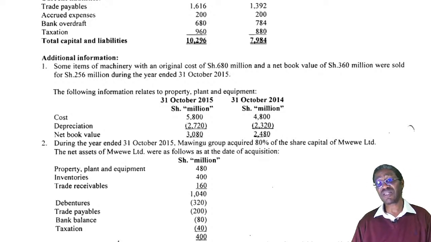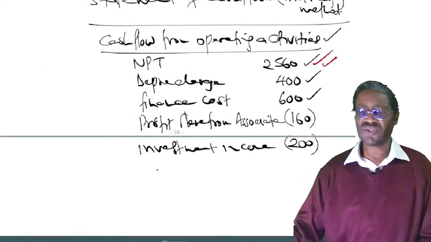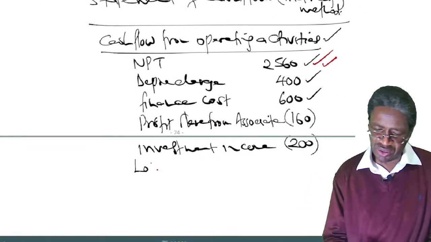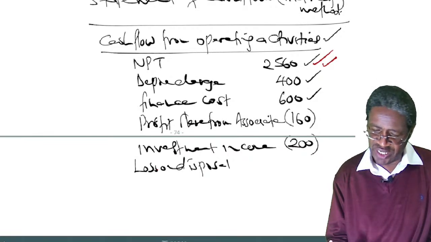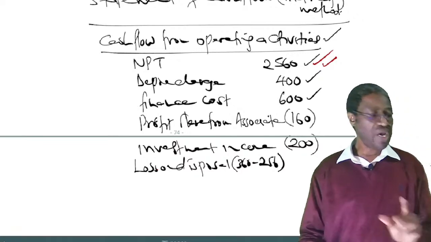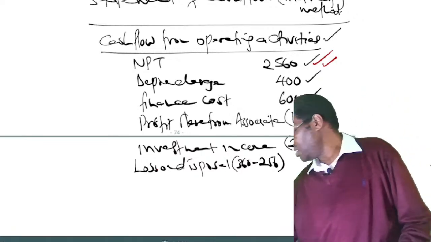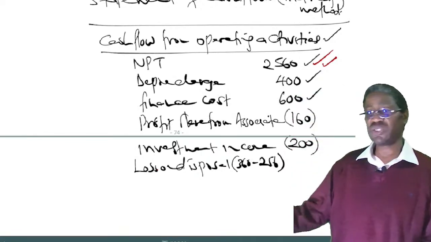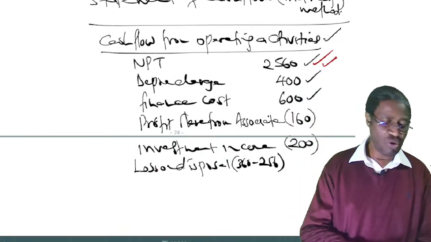So we take that 360, we minus that 256. So come and see a loss on disposal. There is a non-cash item called loss on disposal. 360 minus 256 gives me a balance of how much?